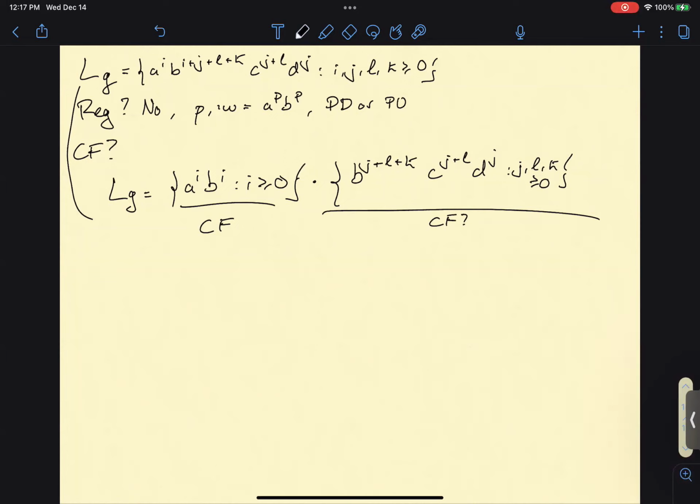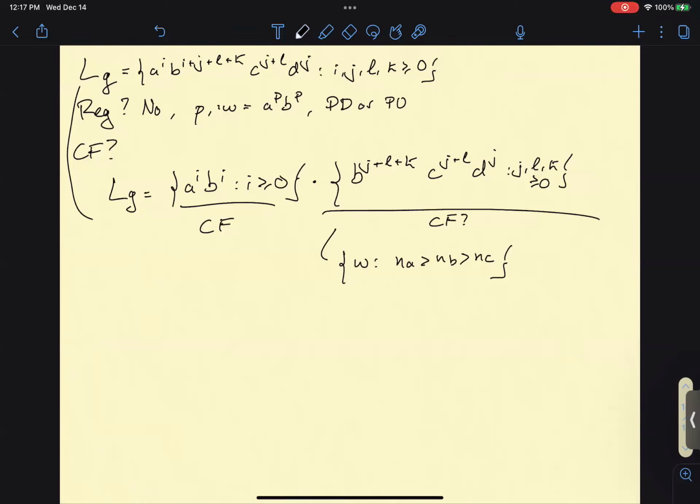The other reason why it's probably not context free is that, did he show this in class? I'm pretty sure he showed that. Did he show this in class? Yeah, he did, right? And he said that this was not context free.